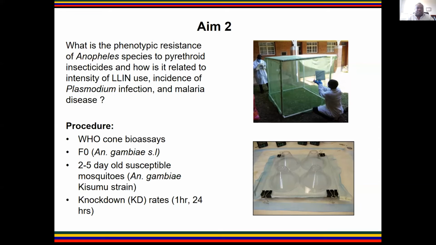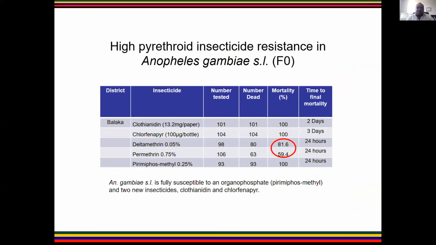And in the second procedure, we used the Kisumu strain of Anopheles gambiae, which was exposed to bed nets collected from a number of households from the two sites. And we evaluated the knockdown rates at 1 hour and 24 hours.